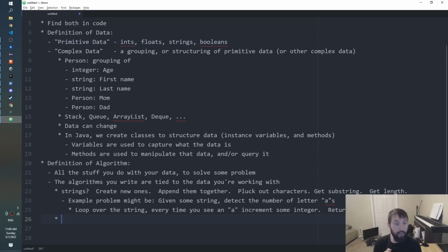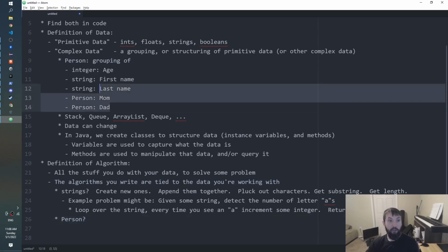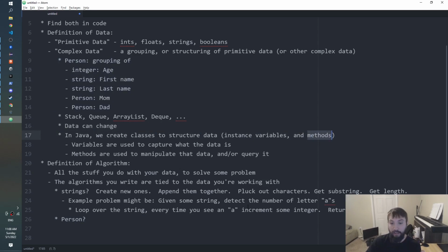Let's do another example. Again, we're talking about how the algorithms you write are tied to the data you're working with. Let's suppose we're working with persons, as defined up here. If the data is a person, what can we do with persons? Well, it depends on what the methods are. We know that integers we can increment.